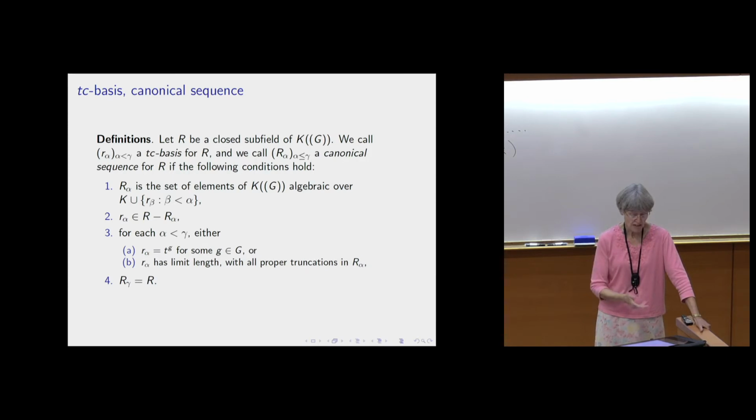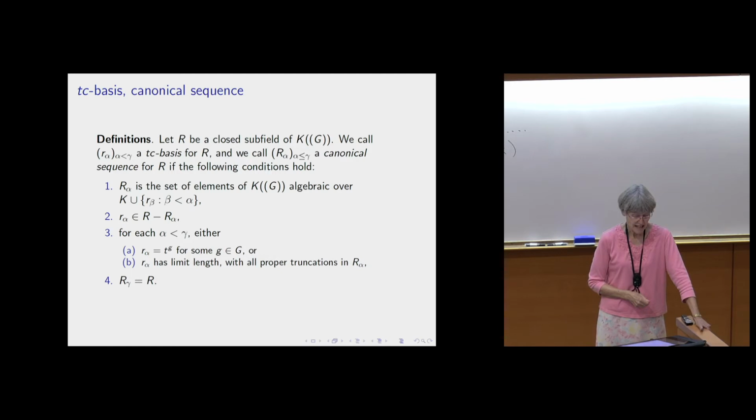Each R_alpha is the set of elements of K((G)) that are algebraic over K, identified together with the r_beta for beta less than alpha. So I've got some of the transcendence basis, and I'm taking things that are algebraic over those. And that's R_alpha. Then the next little r_alpha is an element of the big R that's not yet in this subfield R_alpha.